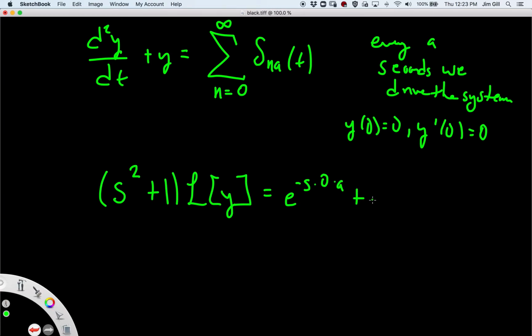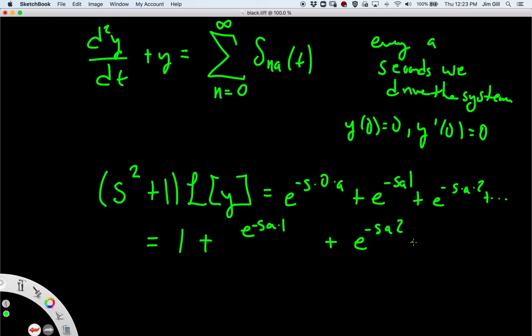The second one is e to the minus s times a times 1. The third one is e to the minus s times a times 2, and so on and so forth. So this is equal to 1 plus e to the minus s a times 1 plus e to the minus s a times 2 plus etc.